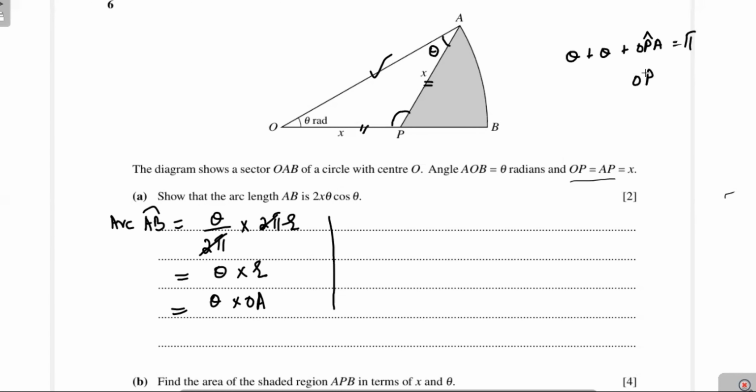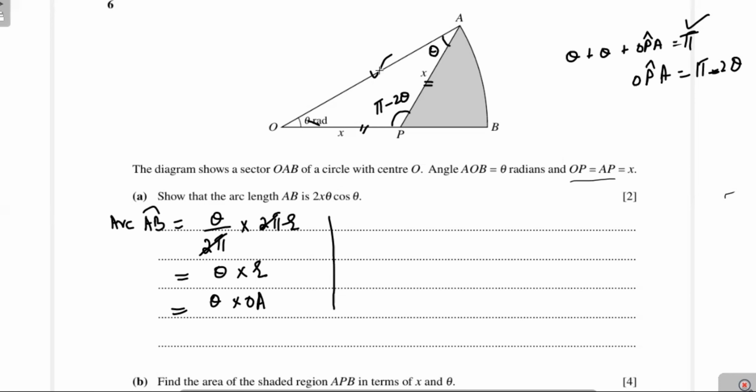Therefore OPA equals pi minus 2 theta. We put the value here, pi minus 2 theta.